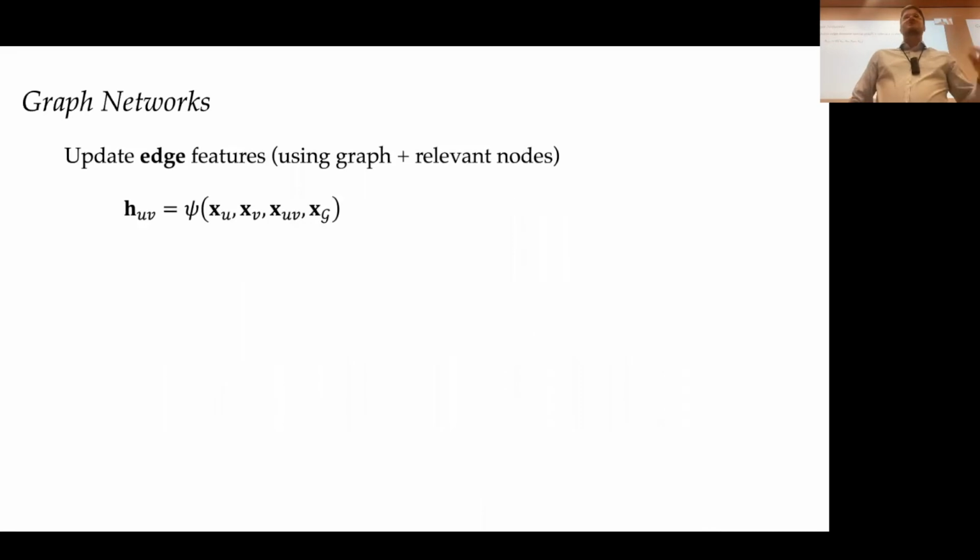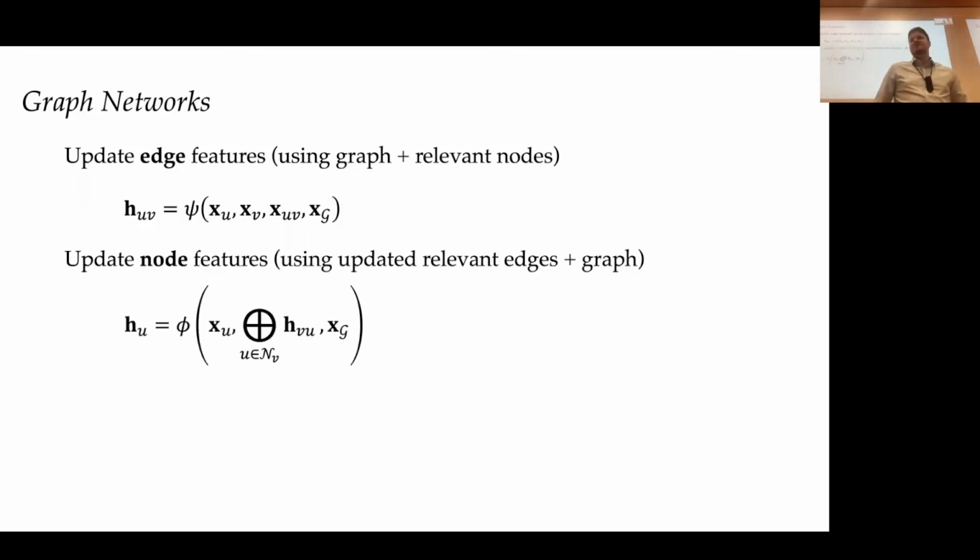So the first part of the strategy is updating our edge features. We compute these latent vectors on edge UV by our first learnable MLP that looks at node U, node V, so the two nodes involved in this edge, any edge features we have, and the graph features, right? That's the first step of our data flow. Once we've computed all the edge features, we can interpret them as messages and send them into the nodes. So this is the second step.